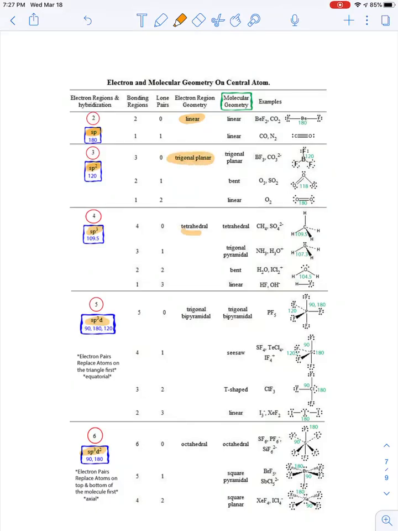If it's trigonal planar, that's SP2. If it's tetrahedral, that's SP3. If it's trigonal bipyramidal, that's SP3D. And if it's octahedral, it's SP3D2. That applies for all the other molecules in this category. They all end up with that same set of numbers, and those numbers are called hybridization.